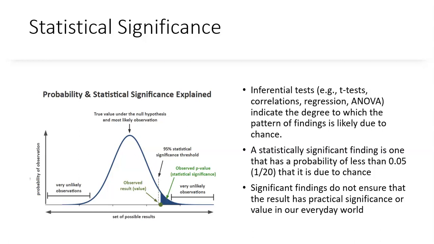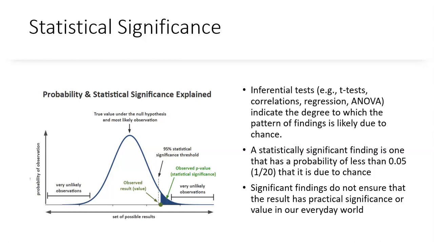And what you're wanting to say is, if I ran this study 100 times, I'm going to find that finding 95% of the time. If I can find it at that level of significance, then I'm pretty confident that my finding is not accidental. So that's really what we do when we talk about statistical significance.